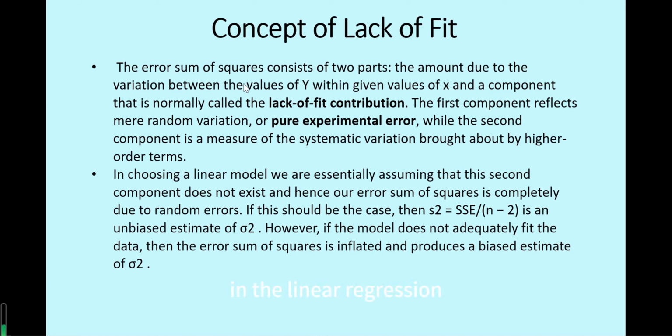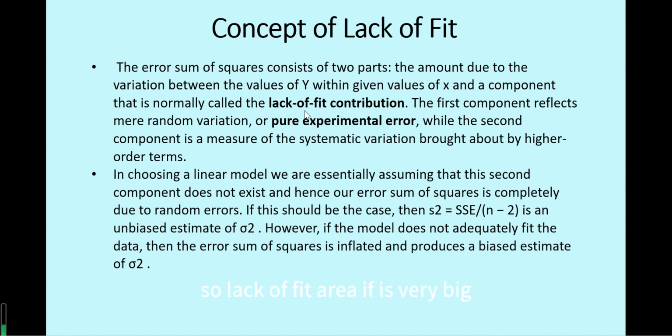In the linear regression, we get the fitted model, the fitted line, and we have the real observations. The difference between these two is called the error term. And actually, this error term is a combination of pure experimental error and another term which is called the lack of fit contribution.